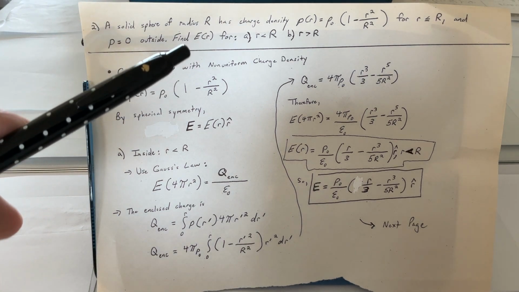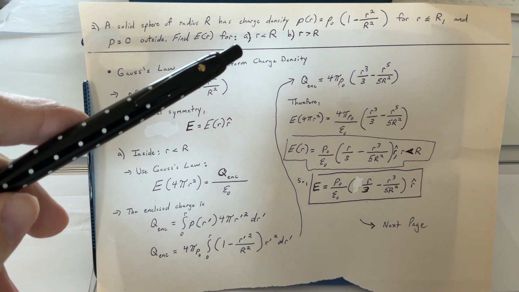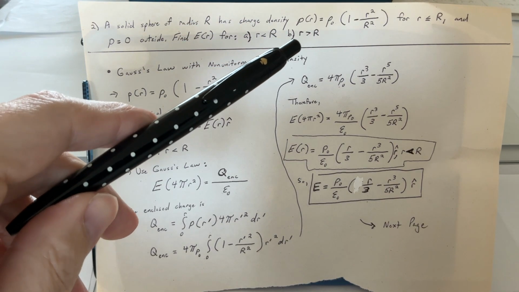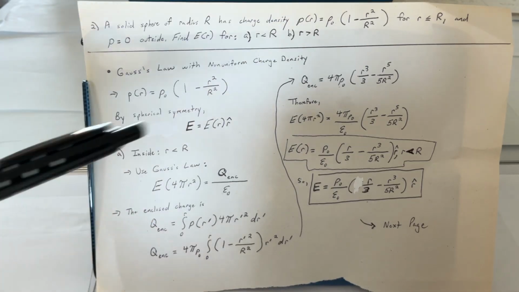So find E of r for A, lowercase r less than uppercase R, and B, lowercase r greater than uppercase R.